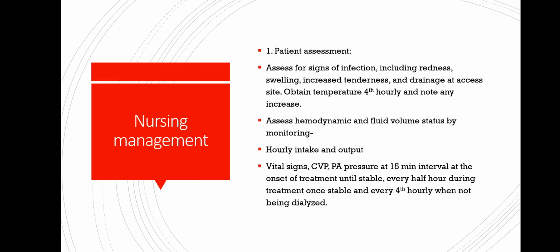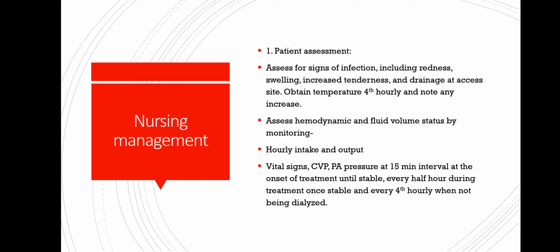Nursing management of CRRT. First is patient assessment: assess hemodynamic and fluid volume status by monitoring hourly vital signs. Assess for signs of infection including redness, swelling, increased tenderness and drainage at the access site.